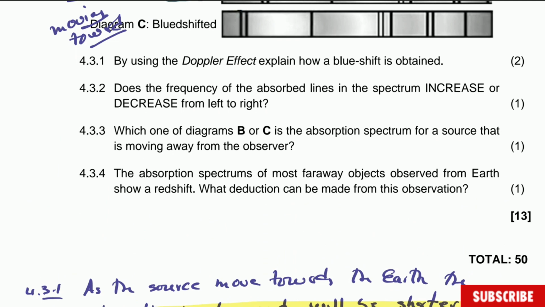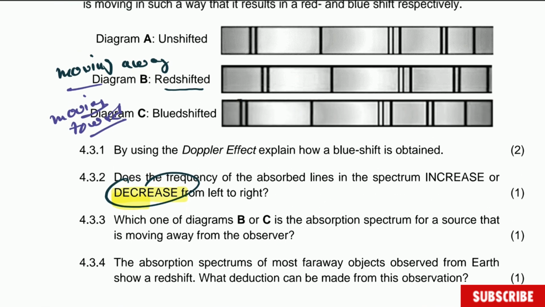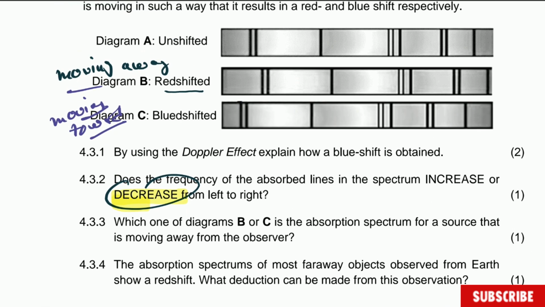Does the frequency of the absorbed line in the spectrum increase or decrease from left to right? That one is going to decrease because it's moving towards the red. You can see the spectrum from left to right is moving toward the red. The red is on this side.